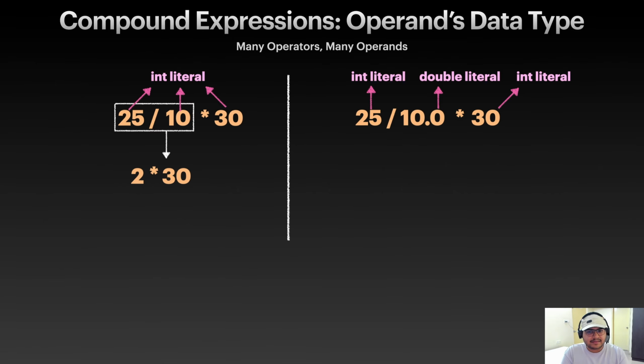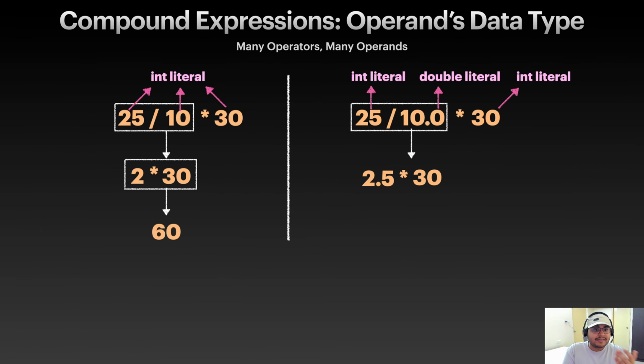In the first case, 25 divided by 10 gives 2. We will explain why it's not 2.5 later in this episode, and then multiply it by 30 to give a final result of 60. In the second case, 25 divided by 10.0 returns 2.5, and multiplying that by 30 gives us a final result of 75.0.